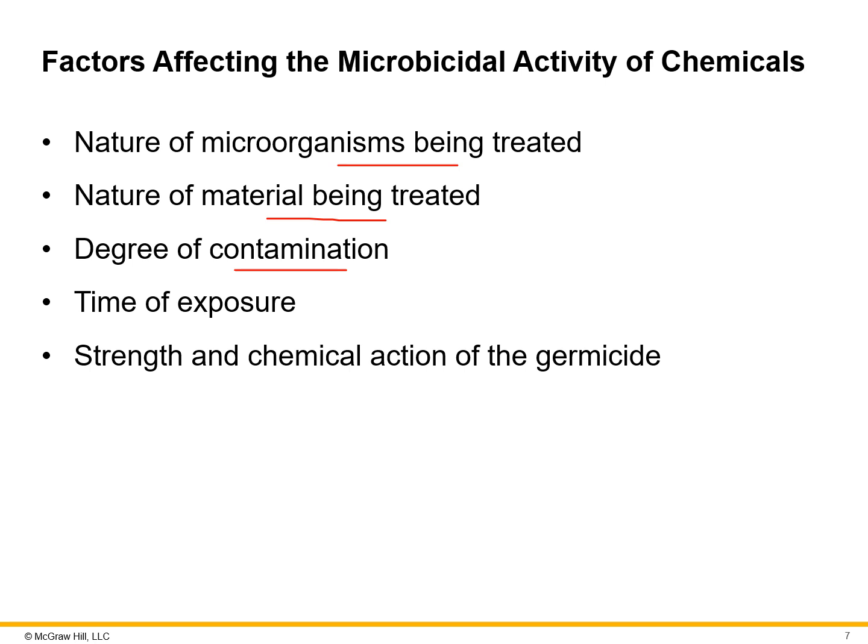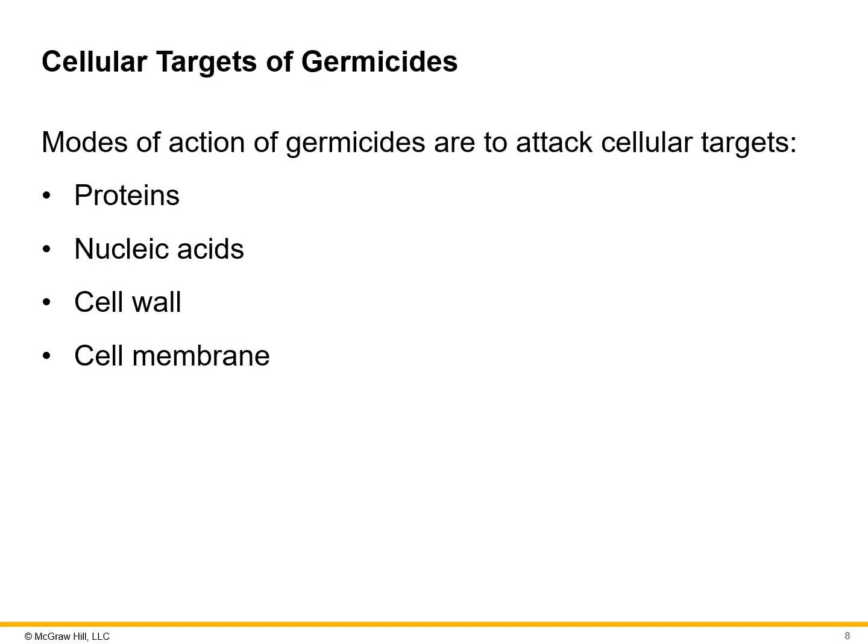So how dirty, how many microbes need to be removed, how long it needs to sit or be exposed to the agent, and then the strength and chemical actions, so how it works and how strong it is. Now, the targets for the germicides are similar to what we talked about with the physical methods. We're still altering proteins, altering the DNA or RNA, the cell wall, and the cell membrane. That's the same whether we're talking about physical or chemical.